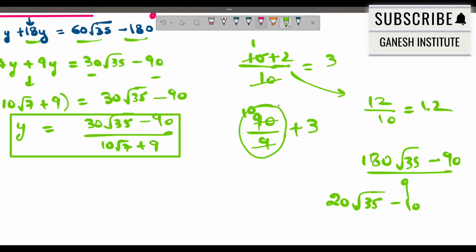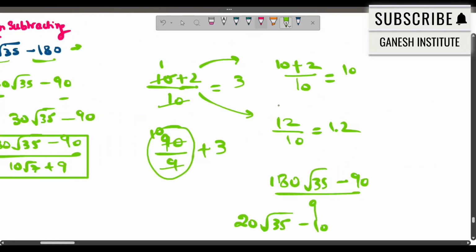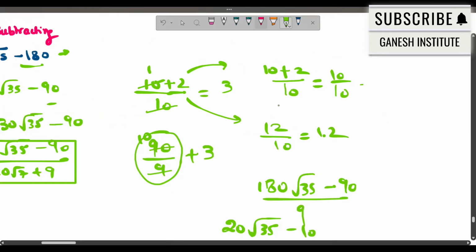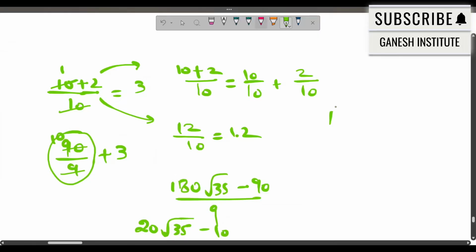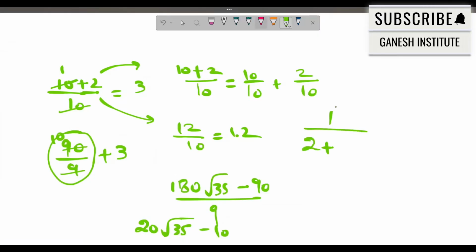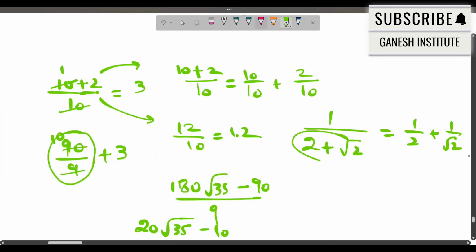Let's say I want to do 10 plus 2 over 10. I can distribute, like 10 over 10 plus 2 over 10. But if I have 1 over 2 plus root 2, I can't do 1 by 2 plus 1 over root 2, because it is actually the same part which I have to take.